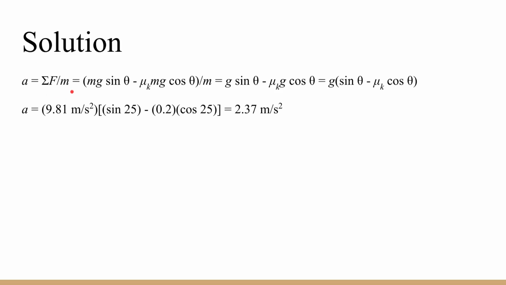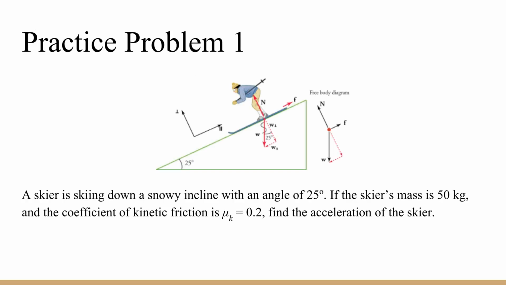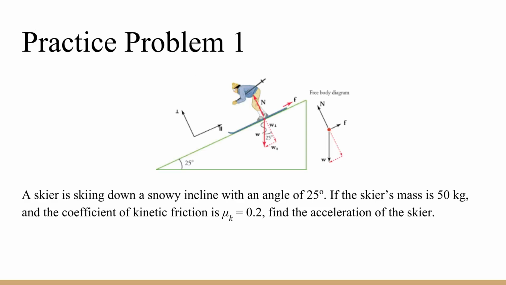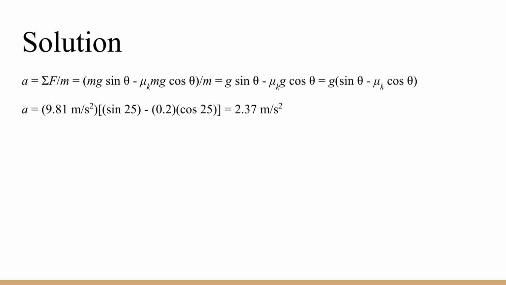Now the net force will be the parallel component of gravity, which looks like weight with a little parallel sign, minus friction. So that's mu k times mg cosine theta. You could always derive this, because kinetic friction is mu k times Fn.